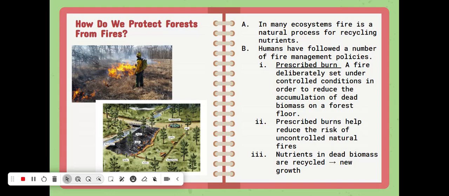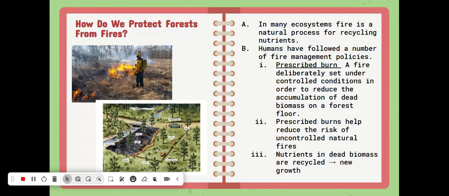Now, one of those methods is known as a prescribed burn. This would be a fire that is deliberately set under very controlled conditions. This is to reduce any accumulation of biomass on the forest floor. That could be sticks, dried out leaf litter, or just dried out soil in general.